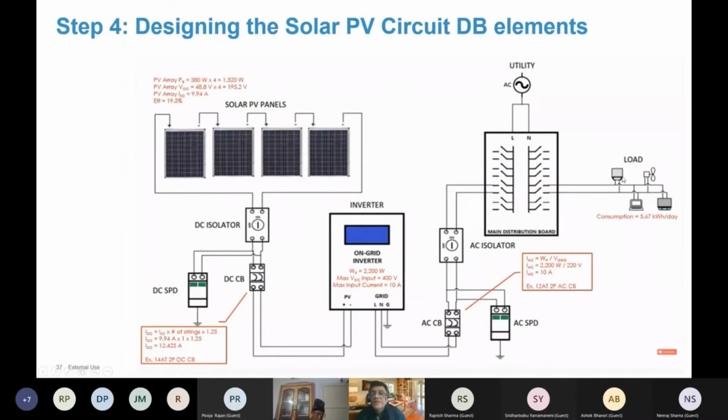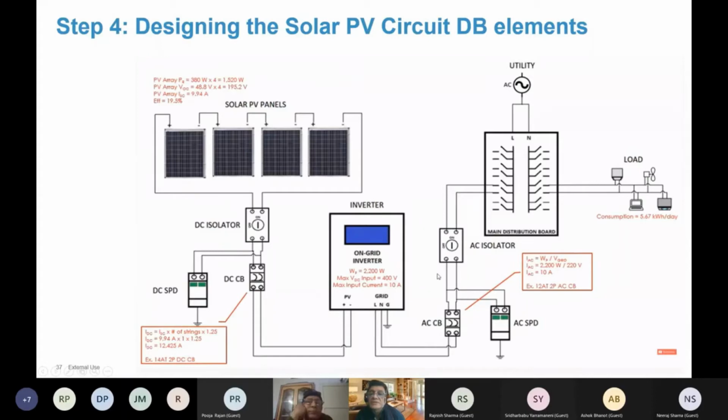And when we are looking at our output circuit, it is determined by your inverter output, which is 2200 watt, but your output voltage is 220 volt. So your AC current here is 10 ampere. And you again provide a buffer of say 20-25%, and you plan for at least a 12 to 16 ampere 2-pole AC circuit breaker.